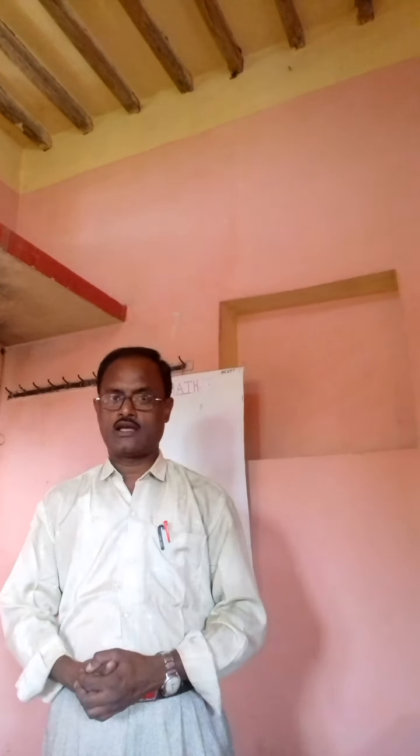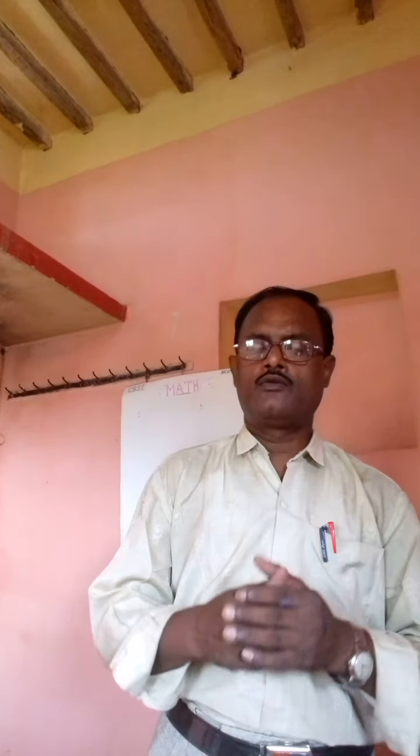In the previous class, we discussed that there are two types of decimal: terminating decimal and non-terminating decimal. And now we will learn that non-terminating decimals are of two types.